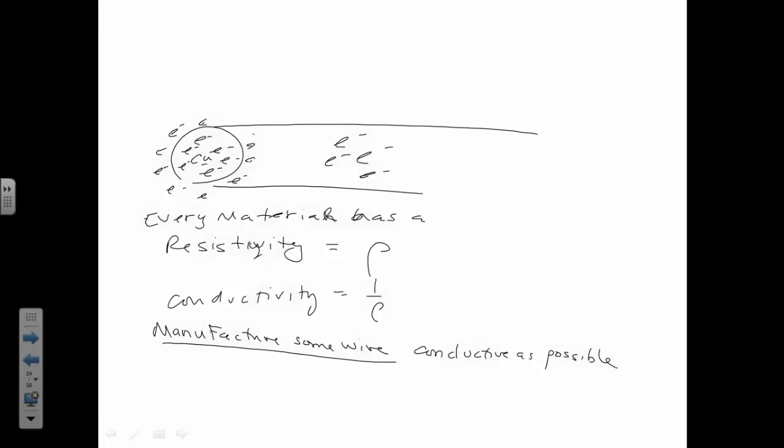So the first thing to do is we want rho to be low. What else would you do? Think of the geometry of the wire. What kind of geometry would we want? If you want to make it through this wire as fast as possible, what do you think would help you in terms of the geometry of the wire?